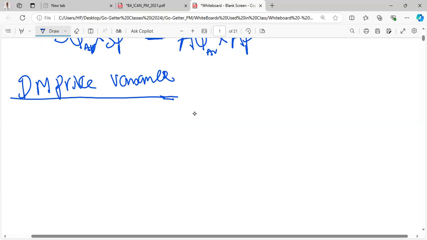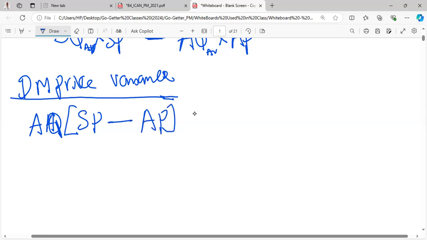We are using the actual quantity. So the actual quantity is what is common in both of them. Then this is standard price minus actual price. That is why it is called price variance, because the standard price is different from the actual price.